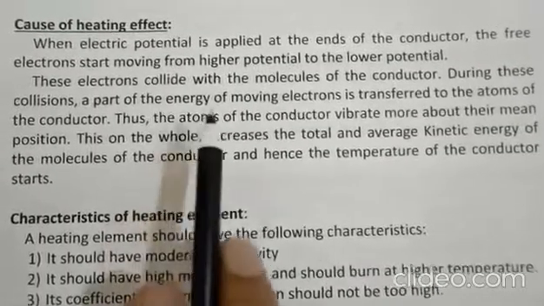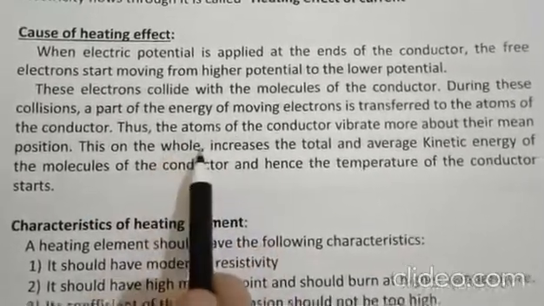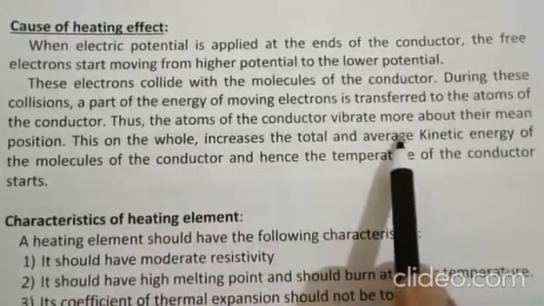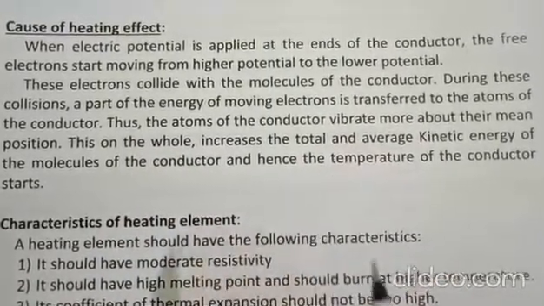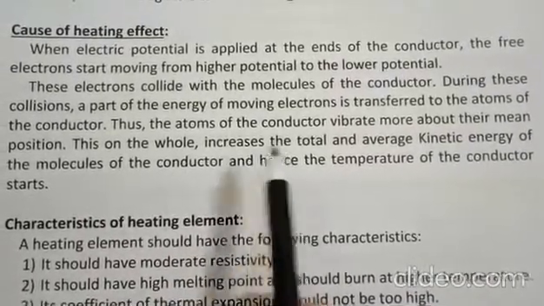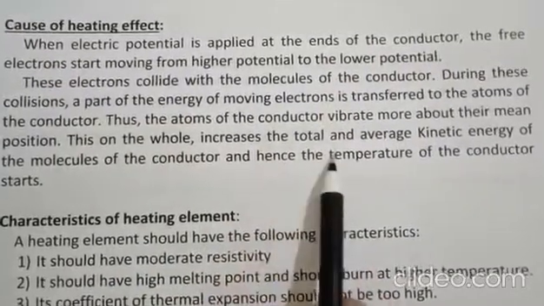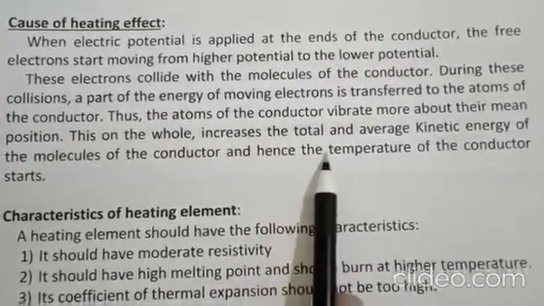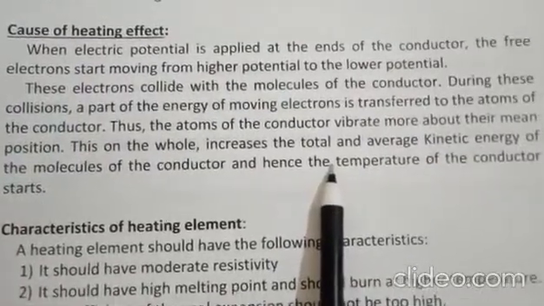So as you can understand here in this paragraph, it tells me that when the free electrons are moving in the conductor, they will collide with the other electrons. During this collision, the kinetic energy of the moving electrons creates the heating effect, and due to which the temperature of the conductor rises.